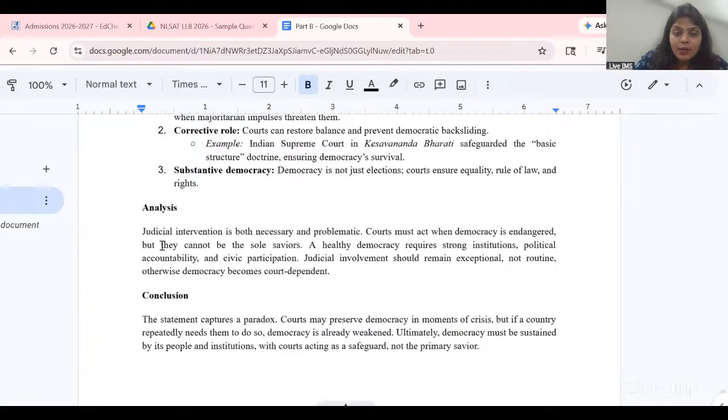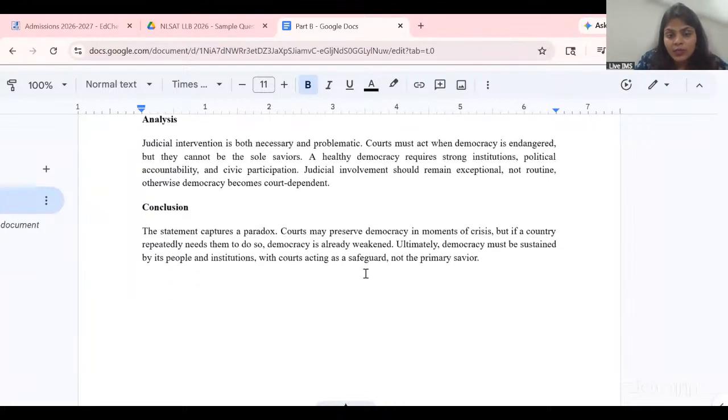Now comes the analysis part. Since I have presented the argument from both the sides, now I have tried to analyze it and come to a conclusion about it, that this is the observation, that it is necessary, but it is problematic as well. There is a need for harmony, there is a need for balancing it, and hence the conclusion is going to be this. So this is how you structurize this answer.